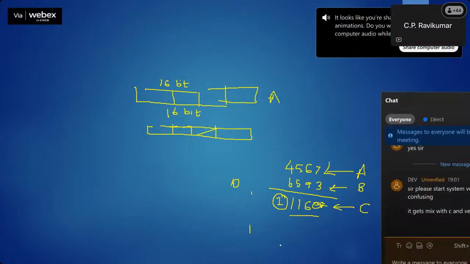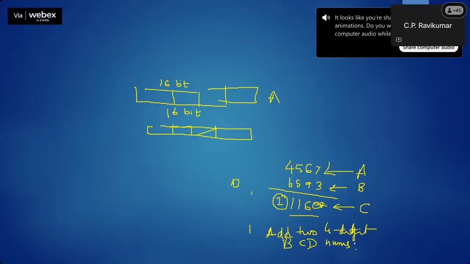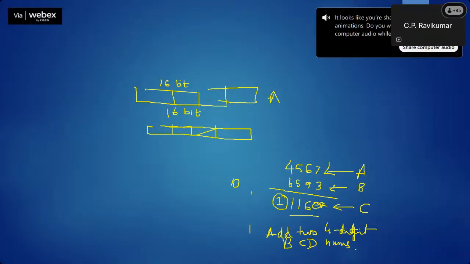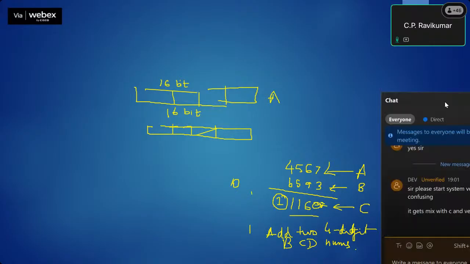Add two 4-digit BCD numbers. That is the idea. So any thoughts on this?